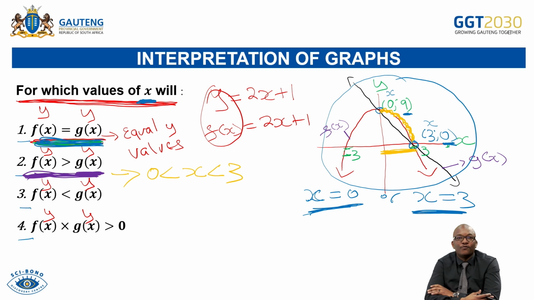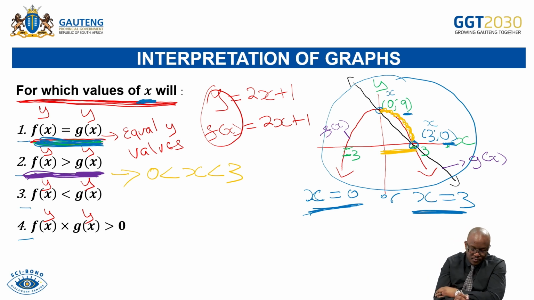From where? From 0 to 3. Only there. So, this type of questions, they are not difficult. You just need to know how to read your graph as a learner.